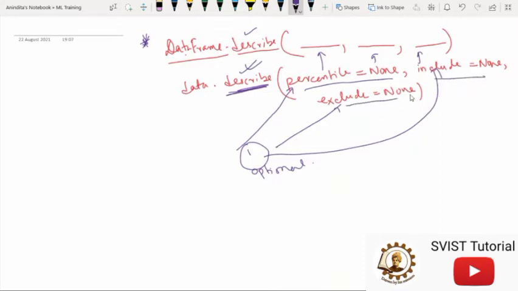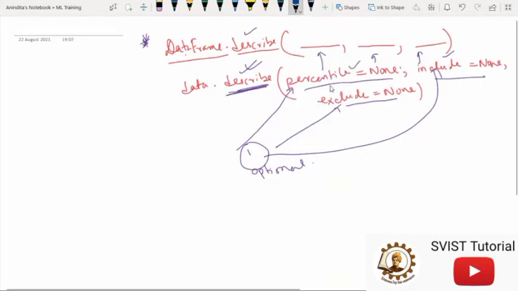If the arguments are mentioned as optional, then you can exclude them. If not, then the mandatory arguments you have to include. Since all of the arguments are optional, I have excluded them.